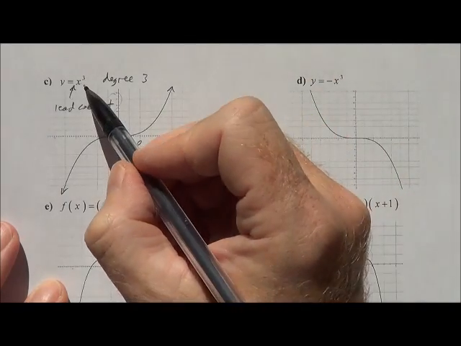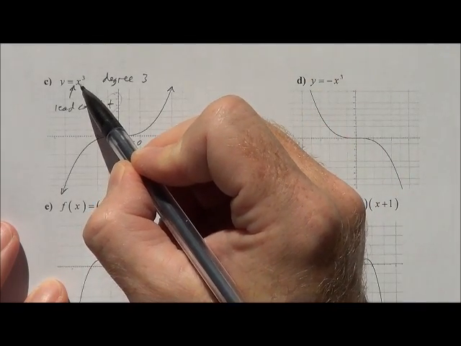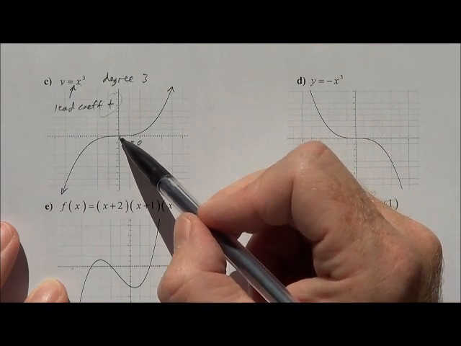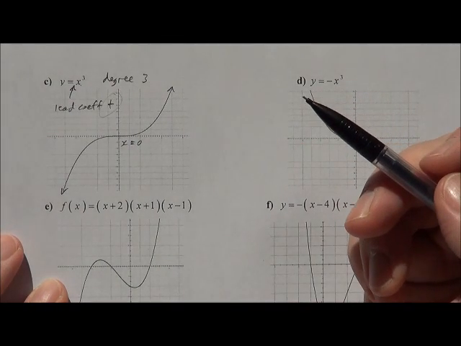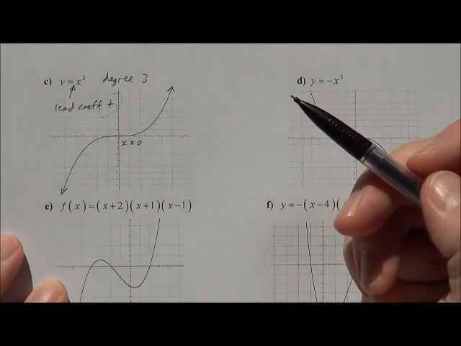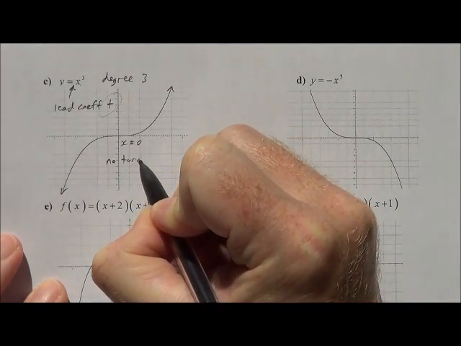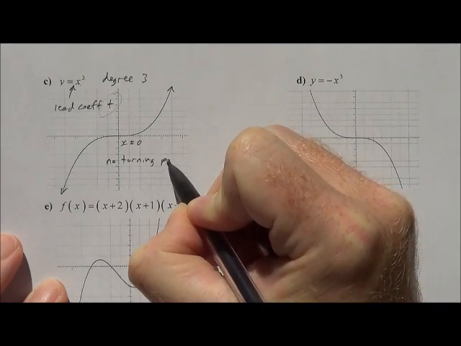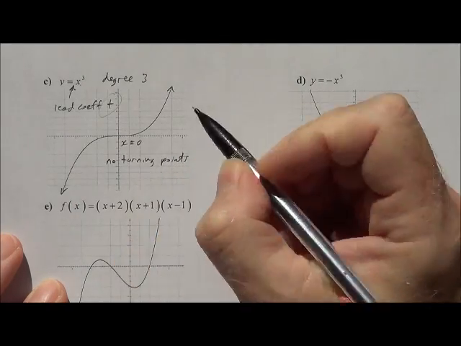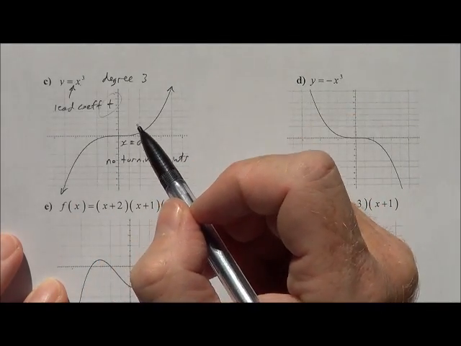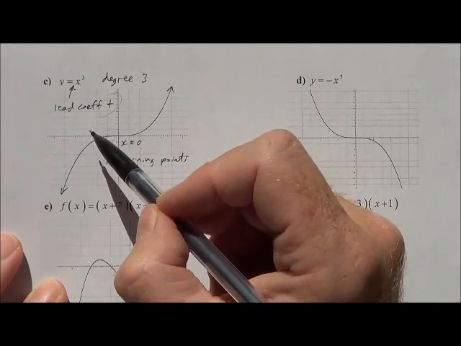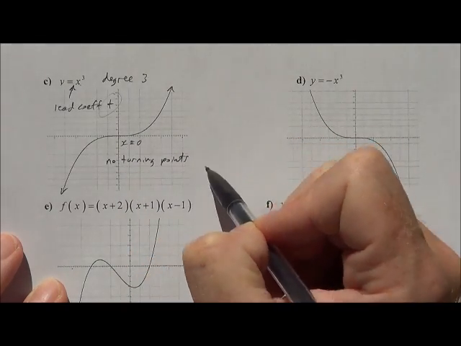Again, notice the factors. It's just x cubed, and x equals 0 is the zero. We have to look at the turning points. Here there are no turning points, because a turning point is where the graph changes from increasing to decreasing or decreasing to increasing.